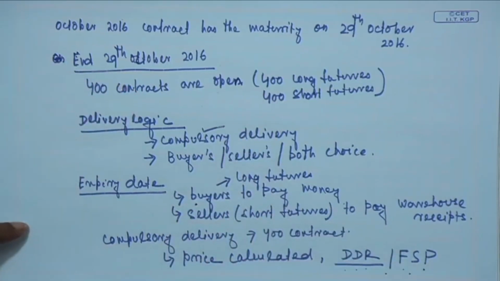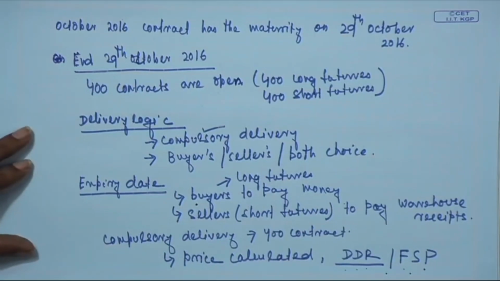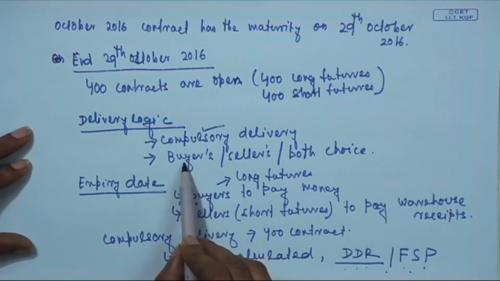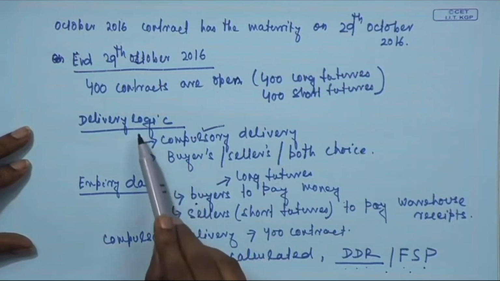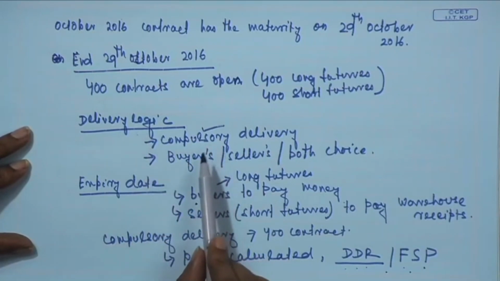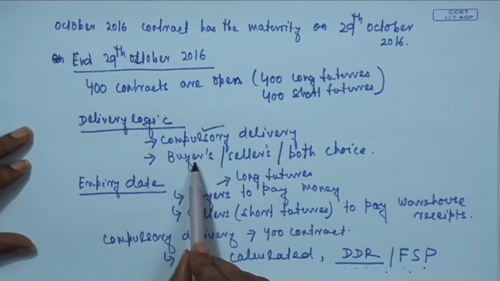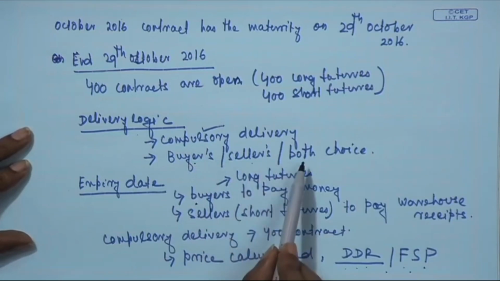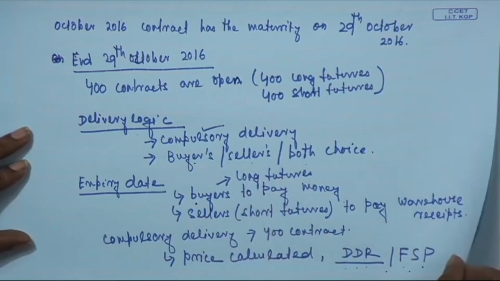Now let us understand a little bit about what will happen if the delivery logic is not compulsory delivery. It could be buyer's choice, seller's choice or both choice. Let us see what will happen if the delivery logic is buyer's choice.